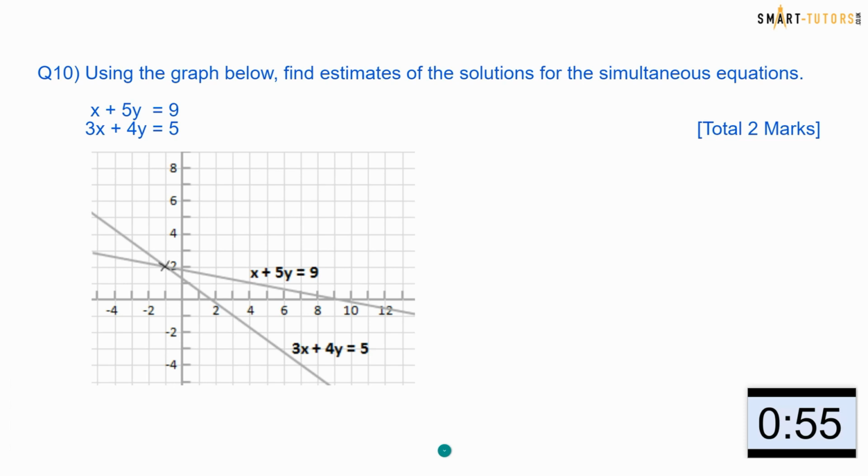You may use an algebraic method to solve this equation, but the examiner expects you to solve this question using the graphical method. Let the time run and try to get an answer, if you know the graphical method of solving simultaneous equations.